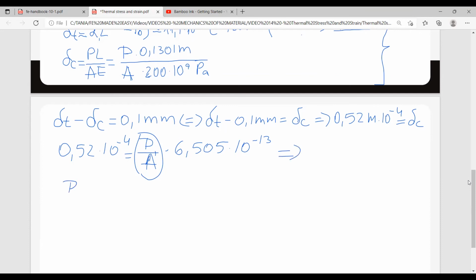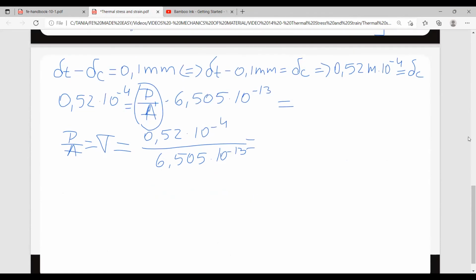So P over A, which is equal to the stress, equals 0.52 times 10 to the minus 4 over 6.505 times 10 to the minus 13, which equals 79,938,508.8, and this is in newtons per meter squared.